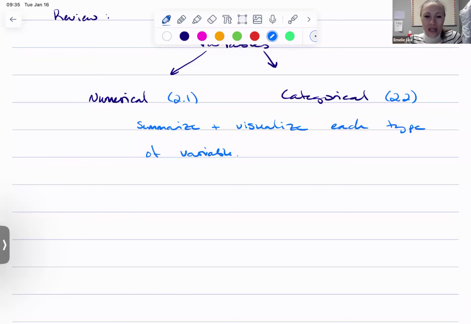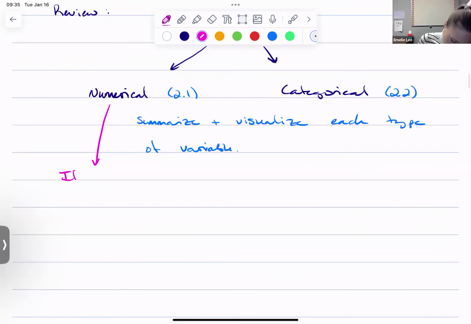And so what was our key to identifying a numerical variable? We said, well, if it makes sense to talk about the average, or if the average of something is what I'm interested in, then I'm going to call it a numerical variable. Okay.